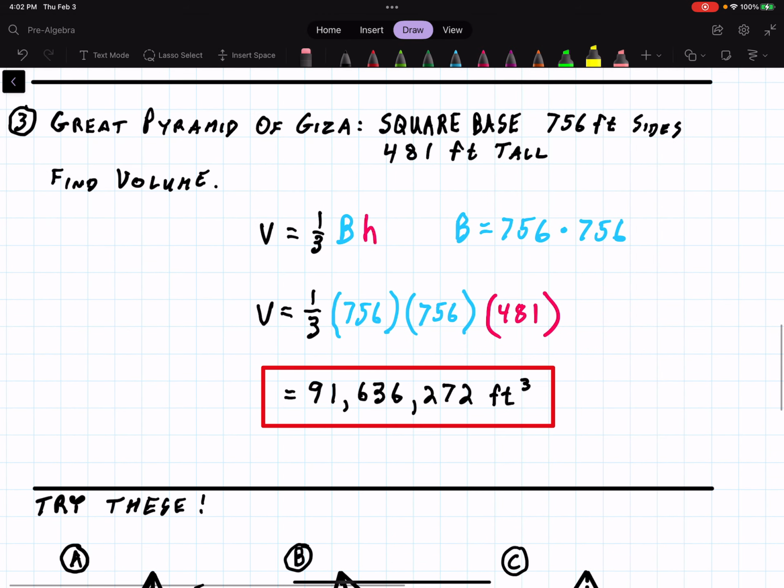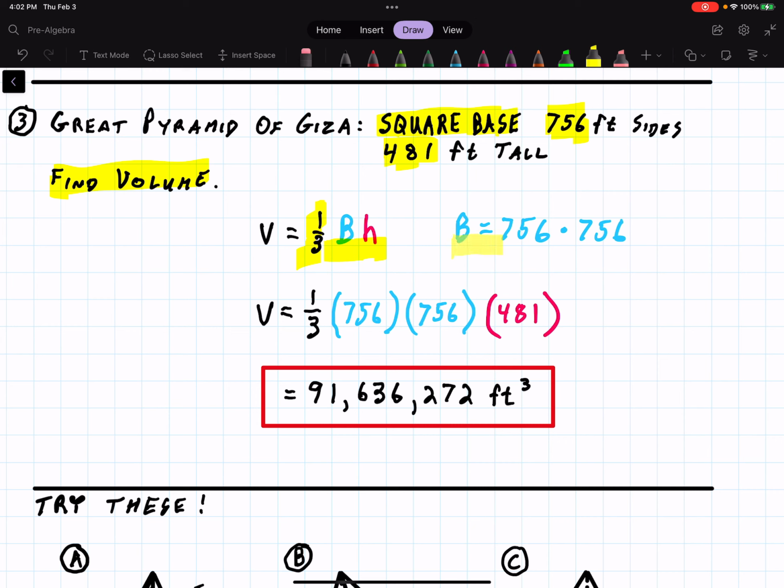All right, one example that's right out of the book. The Great Pyramid of Giza is a square-based pyramid. It's 756 feet on every side, and it is 481 feet tall. It says find the volume of the Great Pyramid of Giza. Well, we know our formula is 1/3 times the area of the base times the height.